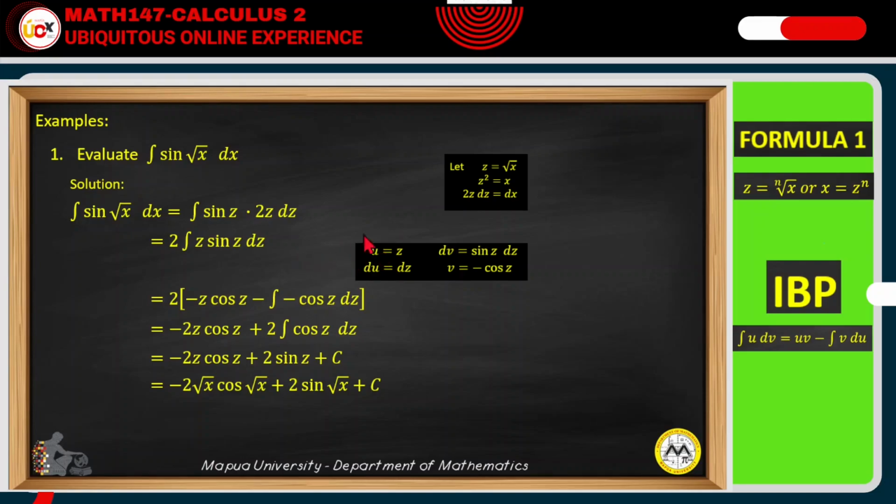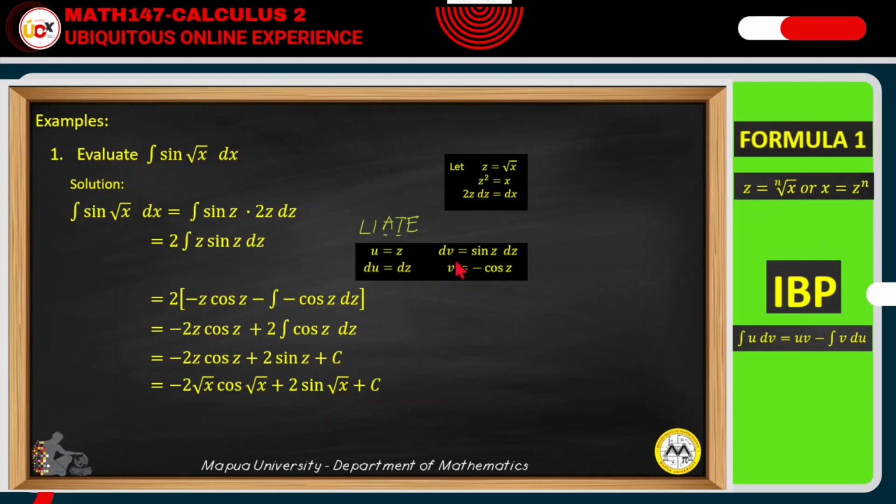In choosing your u and dv, we follow the acronym LIATE, where recall that L stands for logarithmic, I for inverse trigonometric, A for algebraic function, T for trigonometric, and E for exponential.